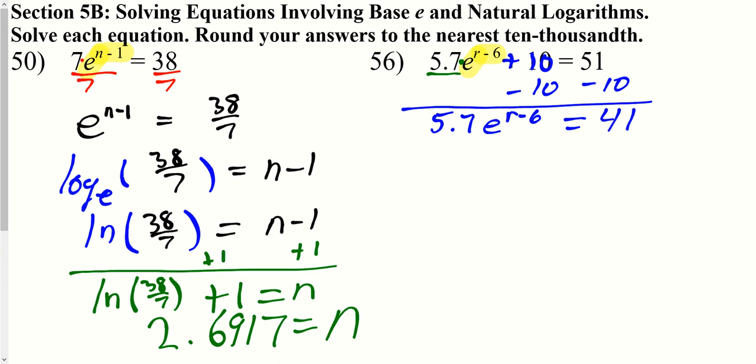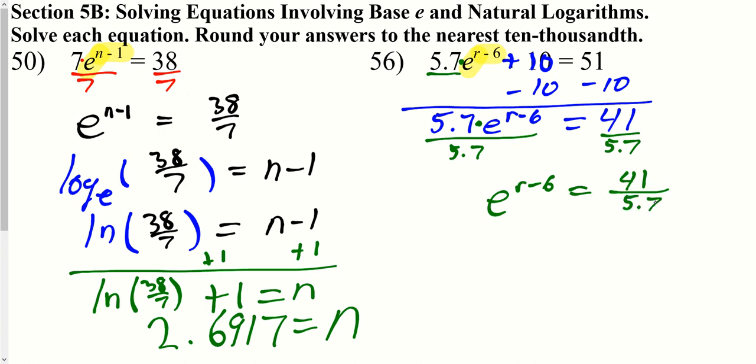And then we'd have to undo our multiplication. Now 41 over 5.7 doesn't work out nice, so we'll just leave it like that.